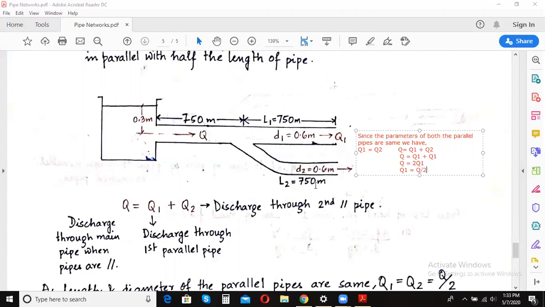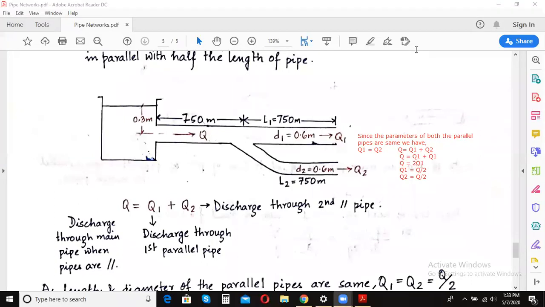So the discharge that is taking place through each of these pipes is equal to half of the discharge from the original pipe. So Q1 is equal to Q by 2, and Q2 is also equal to Q by 2. This is clear, I think. The fundamentals of the discharge are clear.